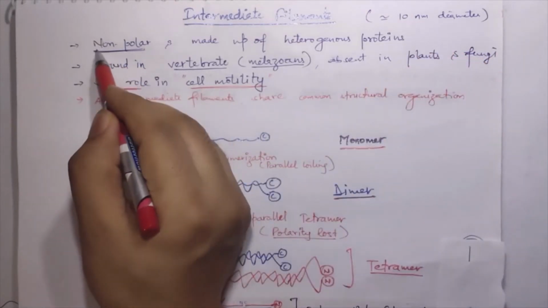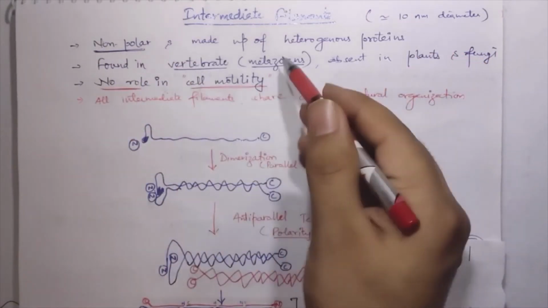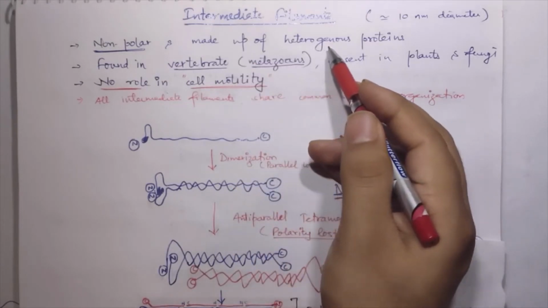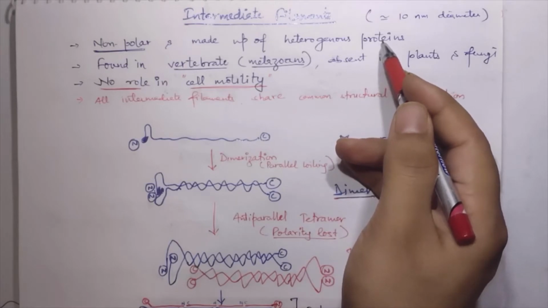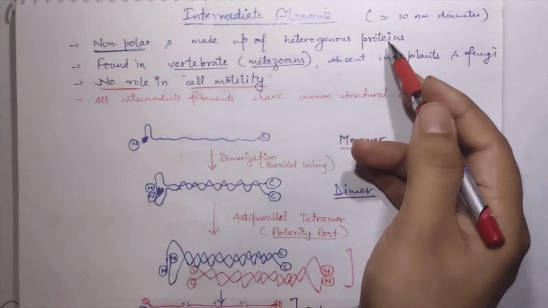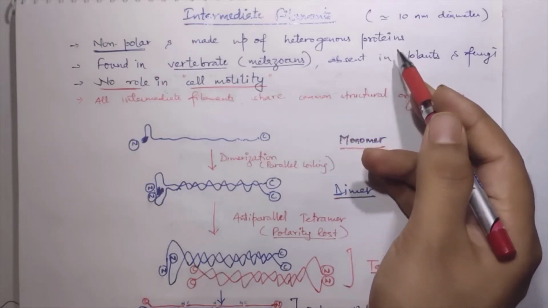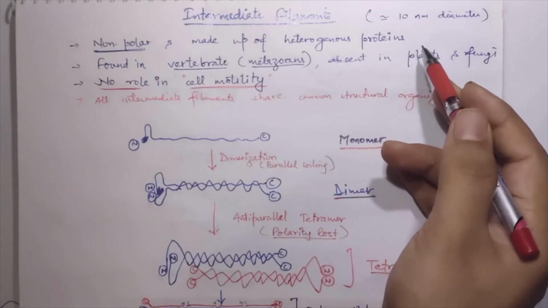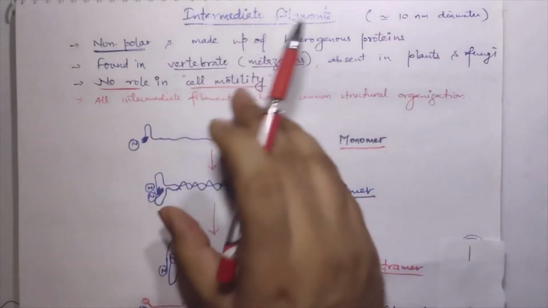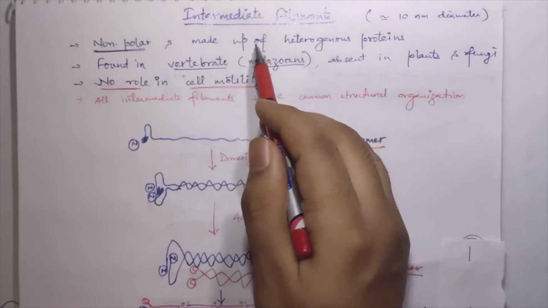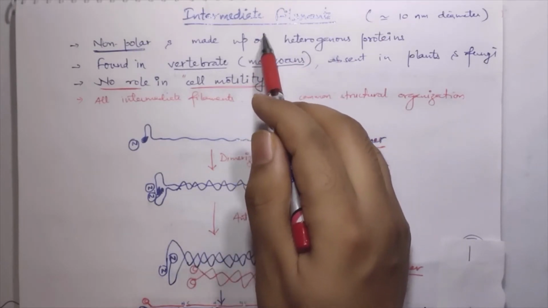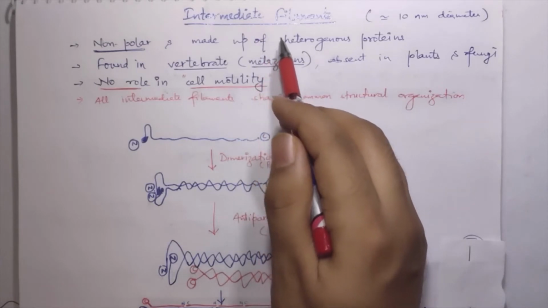They are basically non-polar and are made up of a number of different types of heterogeneous proteins, and they can be keratins, lamins, or neurofilaments. As I have told you earlier, microtubules and microfilaments have important roles in cell motility.